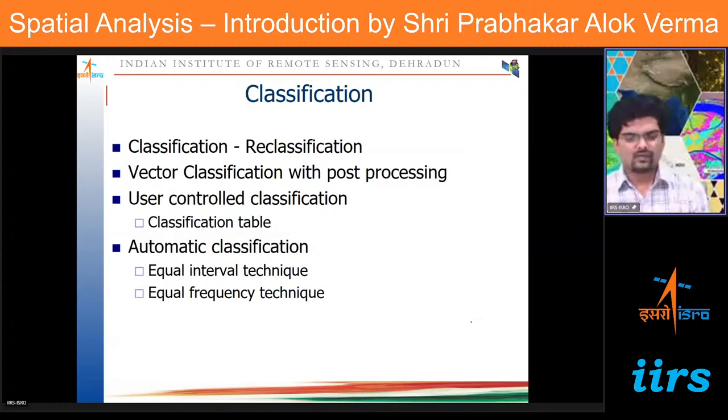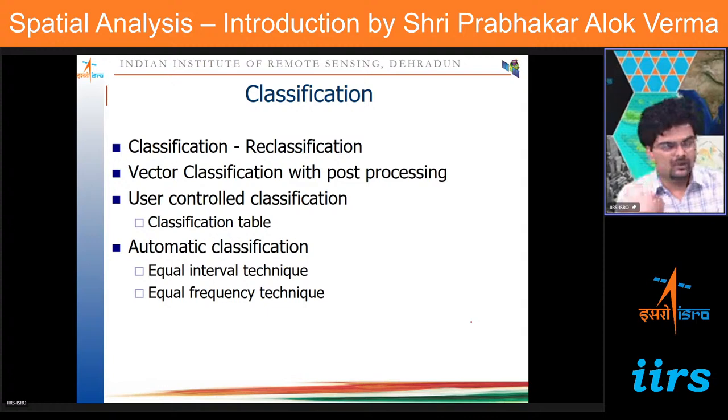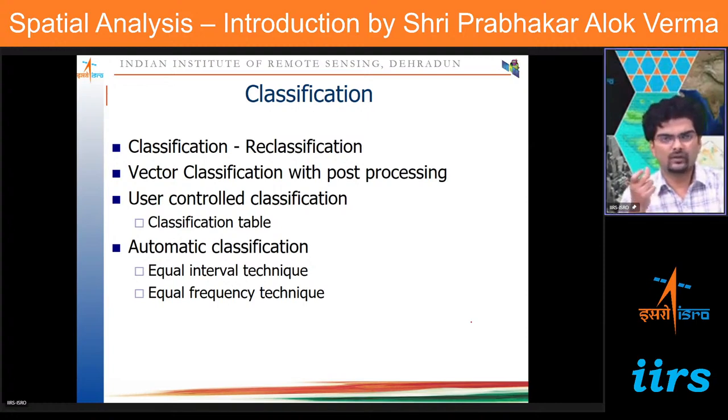So this classification and reclassification can be done manually, and automatic classification is also possible. Manually means you define the interval. For example, if you are having an elevation image, digital elevation model, and you want to group the elevation values into low elevation region, high elevation region, medium elevation region, and very high elevation regions.